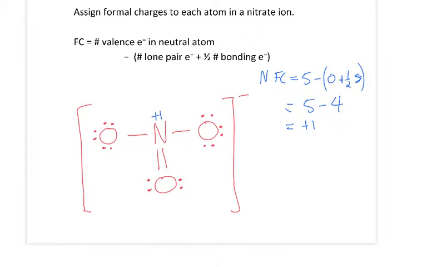All right, now let's look at the oxygens with a single bond. So my single bonded oxygens, the formal charge is equal to the number of valence electrons in the neutral atom. For oxygen, that's 6. I subtract all of the lone pairs. So these oxygens that have single bonds have 2, 4, 6 lone pair electrons.